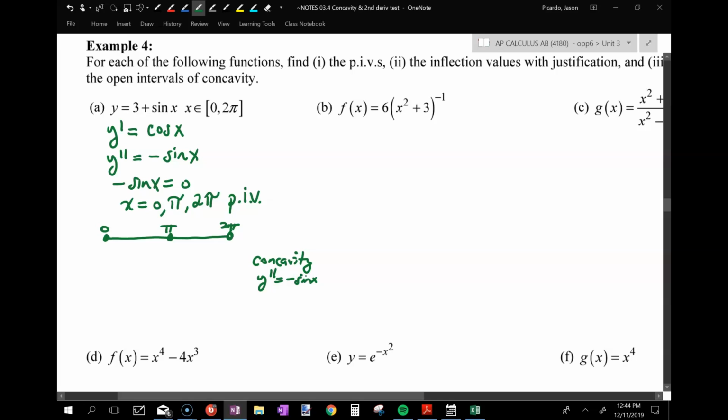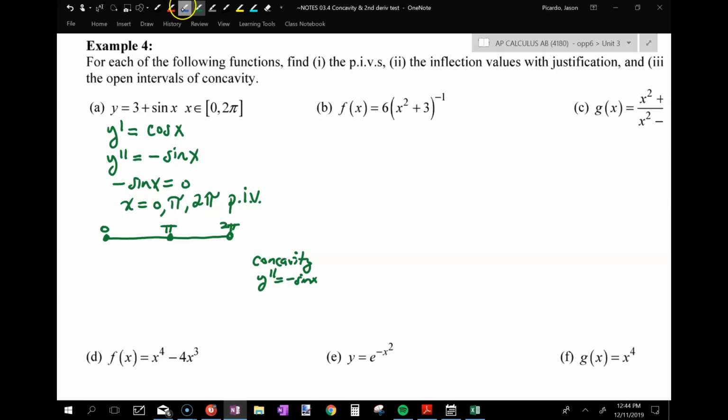Give me a value in that first interval. Pi over 2. Sounds awesome. What is sine of pi over 2? What is sine of 90? 1. Now it said negative sine of 90. Negative 1.